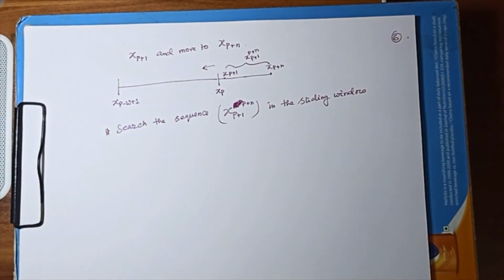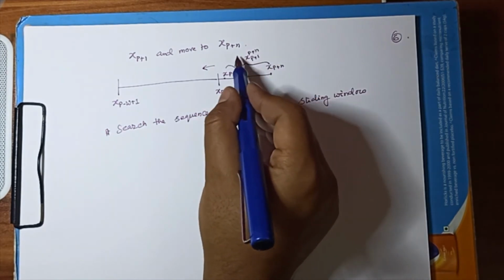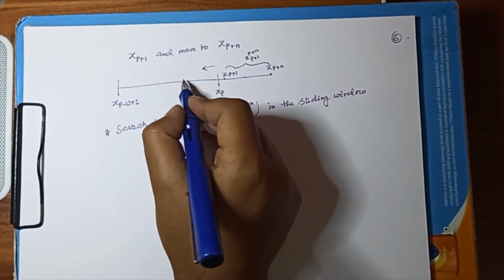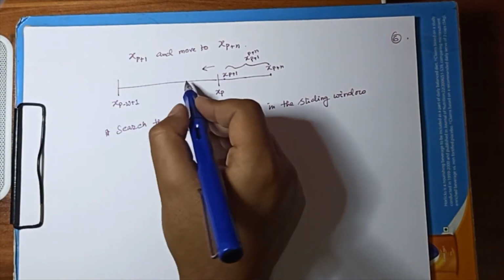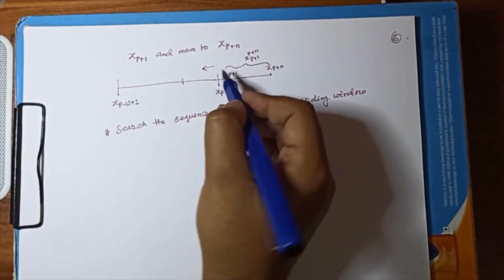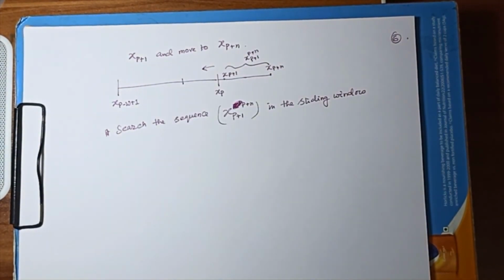Suppose after searching I find that this exact sequence of length n appeared within this interval, and it appeared here. You slide back up to u units and you get it here.